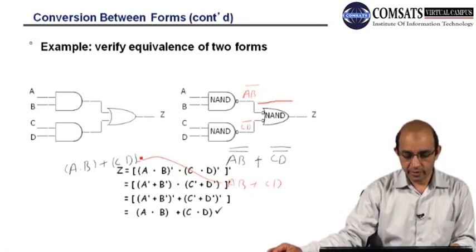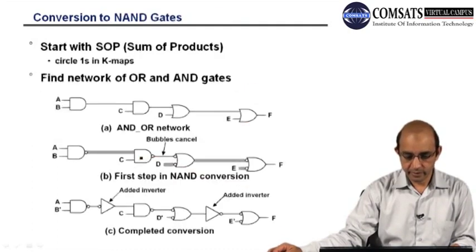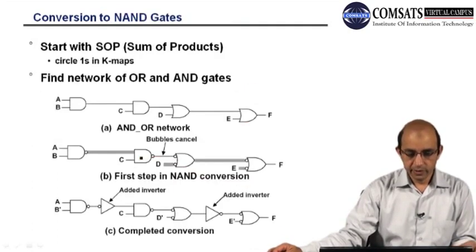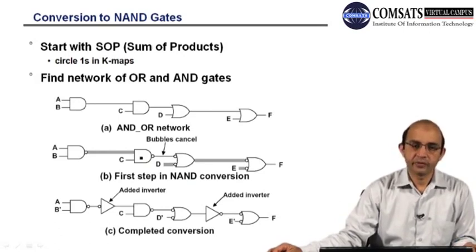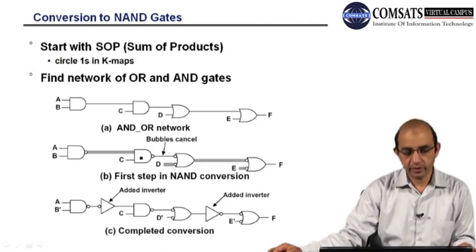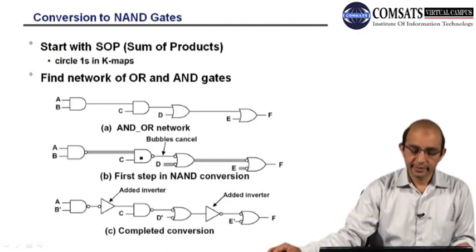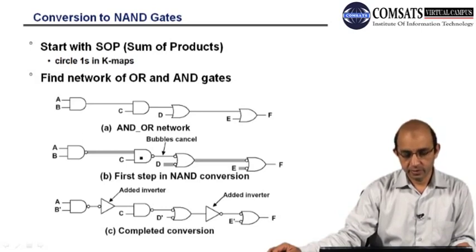So here you can see that we can achieve this conversion by following certain steps in a sequence. Then we can easily achieve the conversion of AND OR logic to NAND-NAND logic, the conversion to NAND gates.